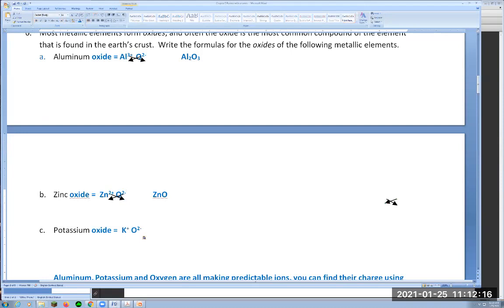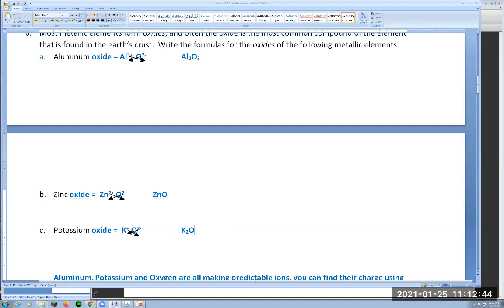You can use the crisscross trick. And you can see that the 2 from the oxygen will become a subscript for potassium. And then the 1 from the positive charge of potassium becomes a 1 for oxygen, and it's implied, we don't write it.